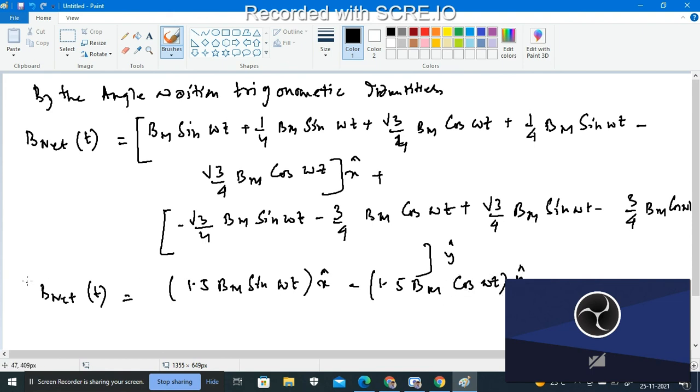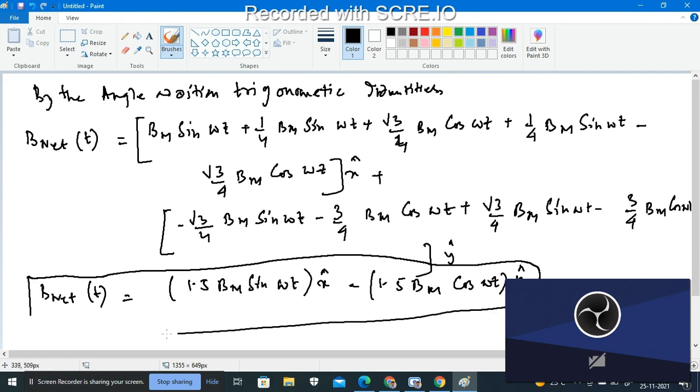That is actually the final expression of a net magnetic flux density.